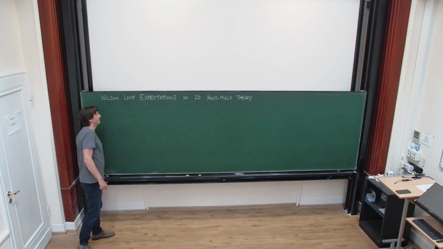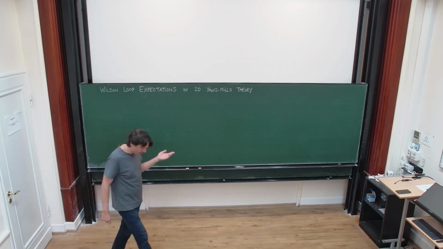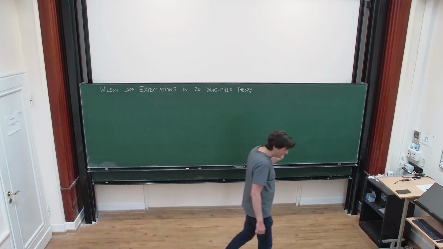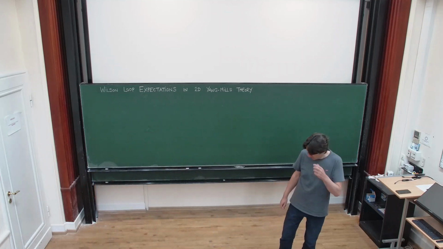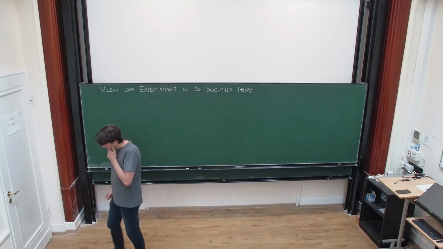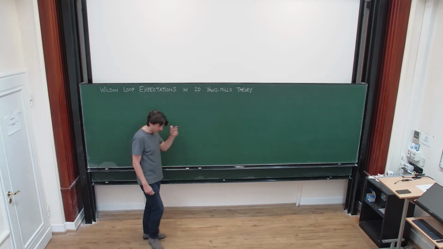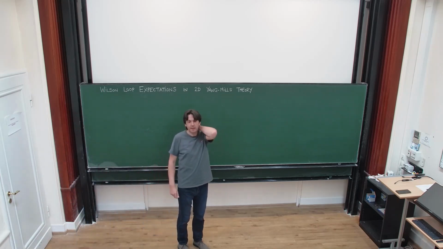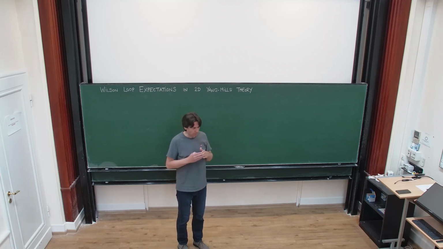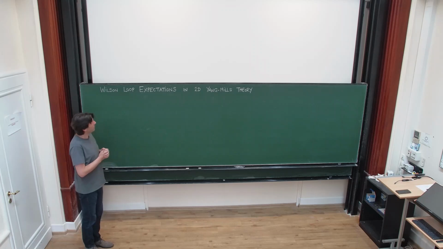I will talk about Wilson loop expectations in 2D Yang-Mills theory, which are quantities that have been presented on several occasions in the last weeks, but I'm not going to rely on these previous presentations. I want to show you a combinatorial formula to compute these Wilson loop expectations.